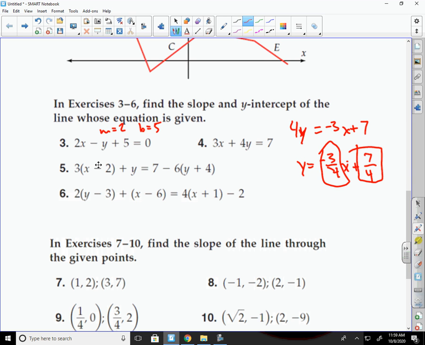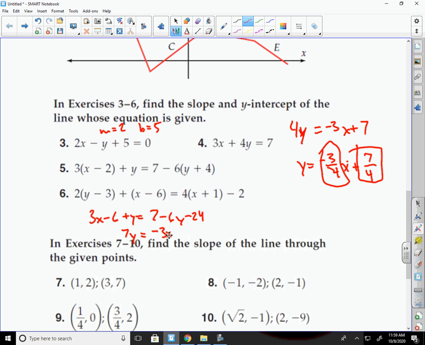Number 5, I'm going to distribute first. Gives me 3x minus 6 plus y equals 7 minus 6y minus 24. Get my y's together. I'll add this over. Gives me 7y. I'm going to subtract the 3x over and add the 6 over. So it gives me minus 3x.